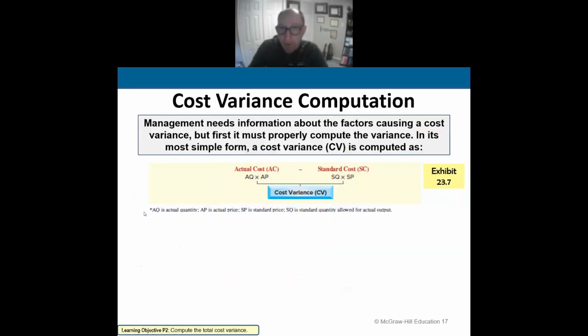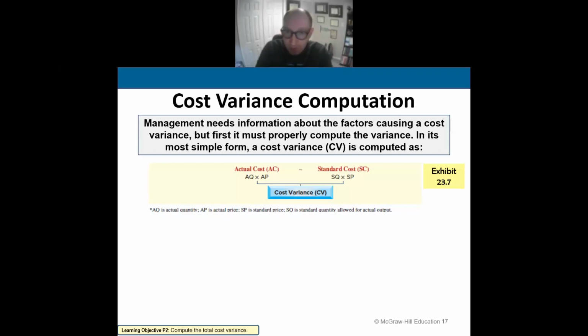So let's talk about how we compute those variances. Computing the variances uses a relatively simple formula. It's the actual cost minus the standard cost. First you have to figure out what the actual cost is. The actual cost is the actual quantity times the actual price.